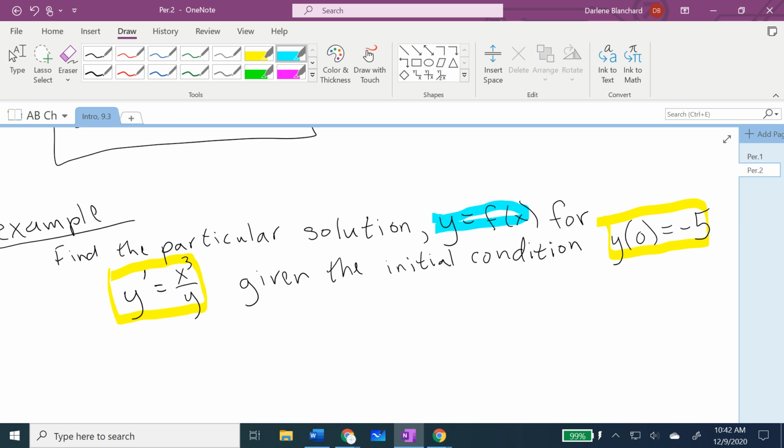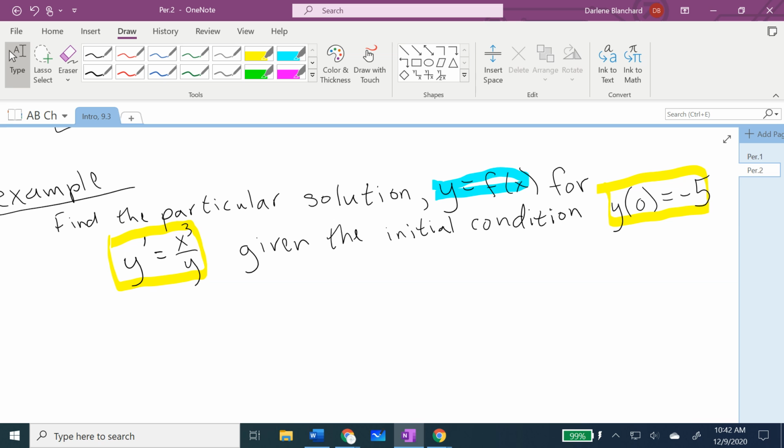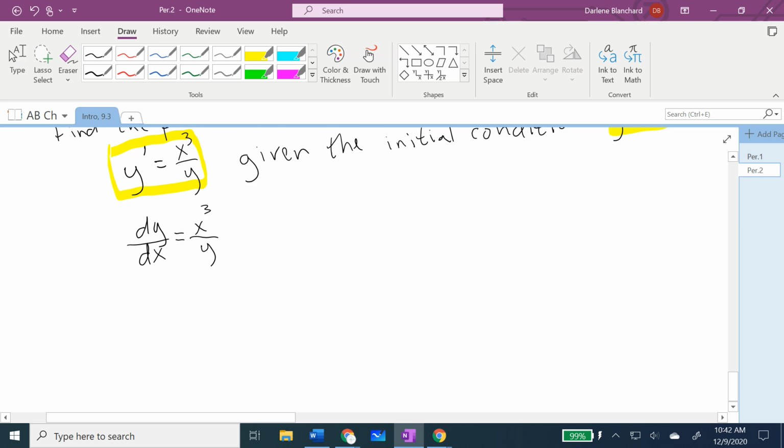They clarify that they want you to isolate y if they want you to isolate y. Now, know if you see y prime, that means dy dx. If you saw w prime, that would mean dw d whatever the variable is. That's the independent variable. It should be clear in a problem, but sometimes this textbook isn't clear.